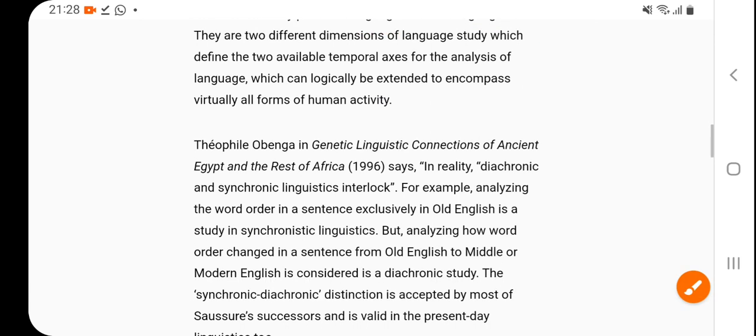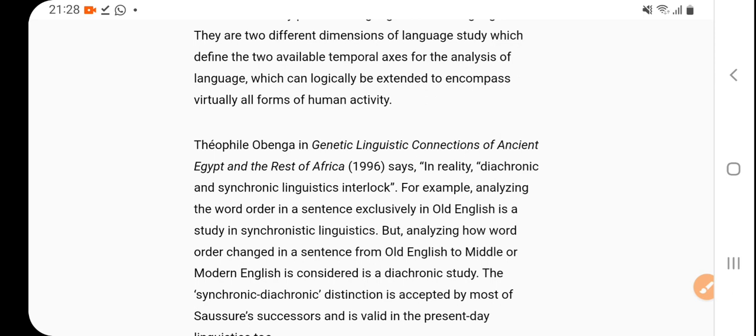Right now, there are two different dimensions of language study which define the two available temporal axes for the analysis of language, which can logically be extended to encompass virtually all forms of human activities.